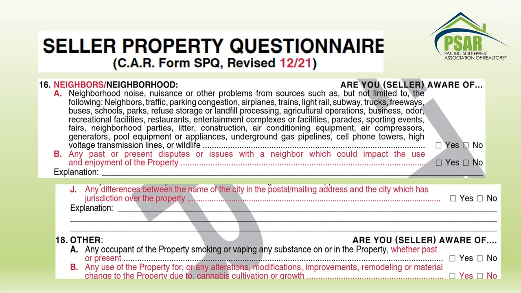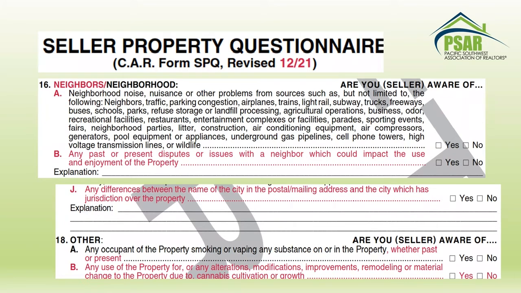Okay. Then we see, in the new RPA, in the very beginning, it says, buyer, you need to know that there may be differences between the name of the city in the postal mailing address and the city which has jurisdiction over the property. There's a little warning on the first page of the new RPA. So now we have a question for that too. Is there any difference between the name of the city in the postal mailing address and the city which has jurisdiction over the property?